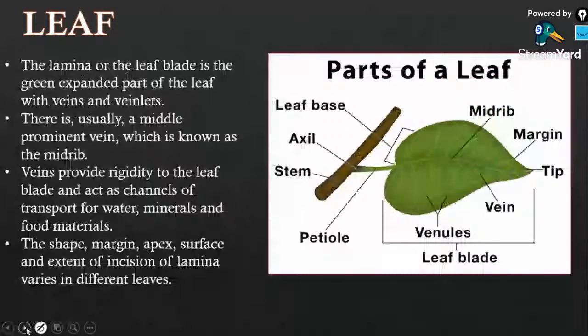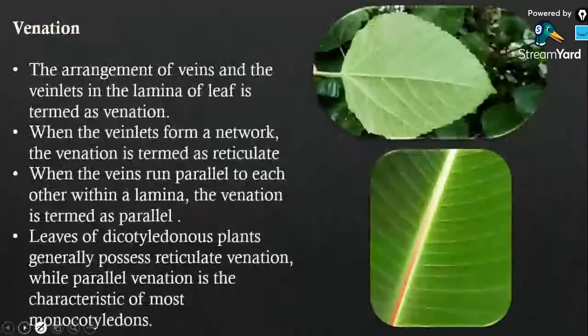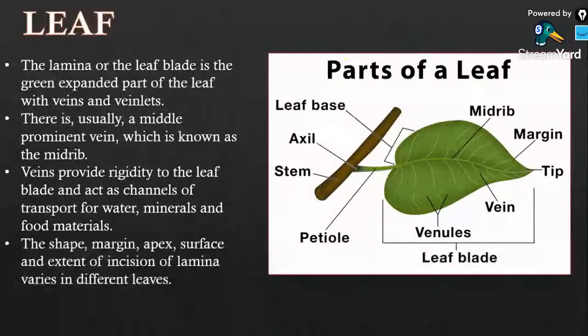Guys, just look. I told you what is venation. Before telling you what is venation, I have to tell you, we said that the veins and veinlets will be scattered in the leaf blade, right? The lamina.